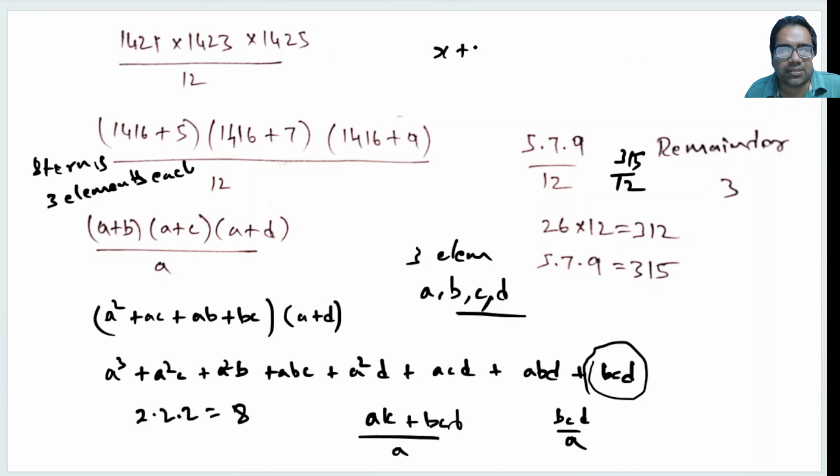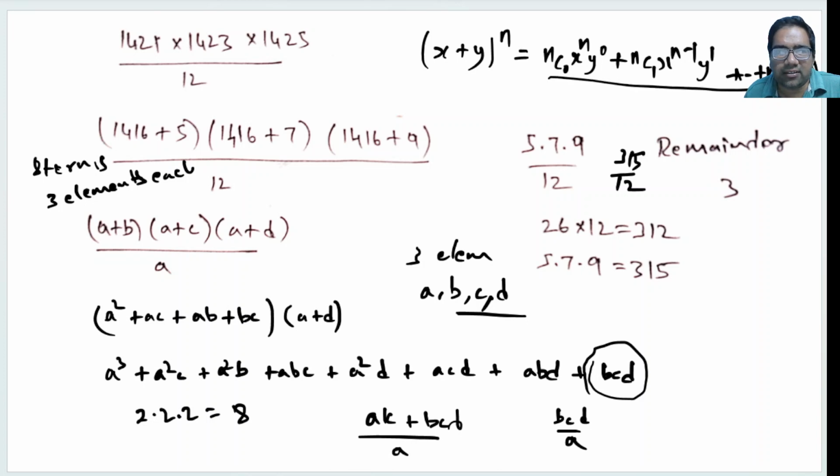For example, (x plus y) whole power n is actually nC0 x power n y power 0 plus nC1 x power n minus 1 y power 1 plus ... plus nCn x power 0 y power n. We also decided earlier that all the terms except the last term are actually multiples of x.